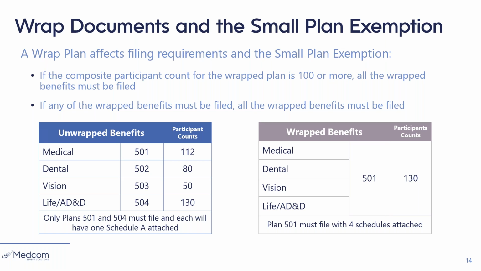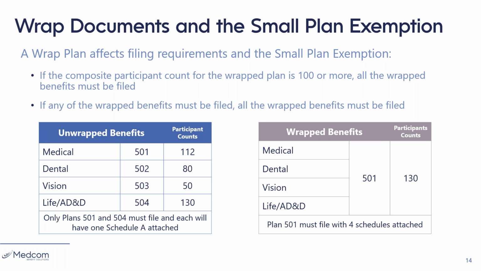Well, here we see life and ADD not only exceeded 100, but it had 130. And that would trigger us to think, okay, this group has to file. But because it is a wrapped filing, a wrapped plan, each line of coverage, regardless of how many participants were on each line, all coverages will be included on the report.